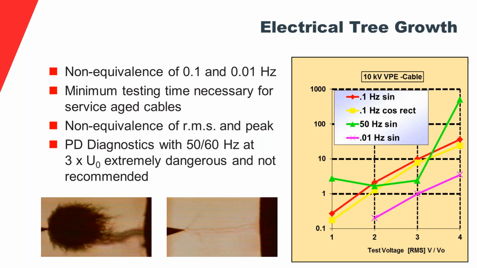And so for this example, 3 times peak is only approximately 2 times RMS. Okay, so if you say I do 3 times U0, but you use peak values, the approximate equivalent RMS value is only over here.